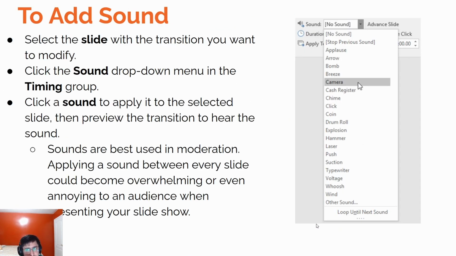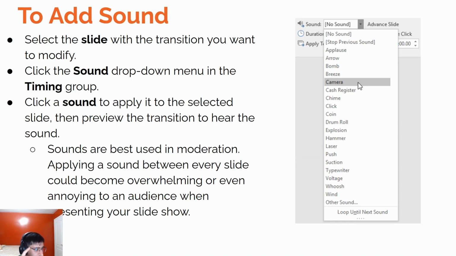Now we can also add sound. So again, this is in the timing group, in the sound drop down. So we can click a sound to apply it to the selected slide and then preview the transition to hear the sound, right?